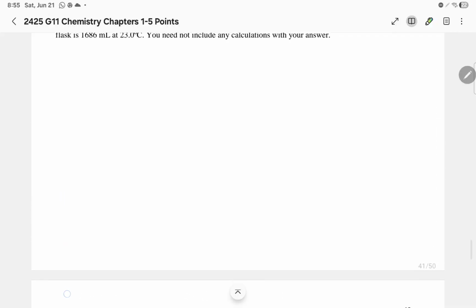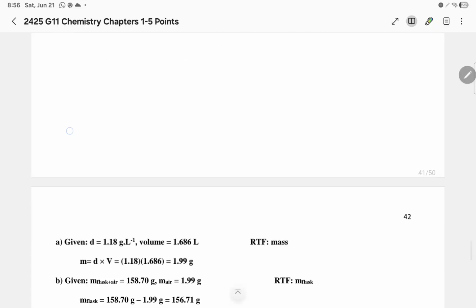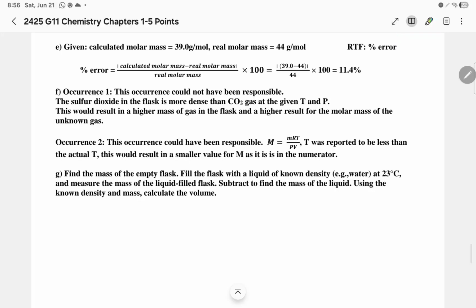So now let's see the last part. Describe the steps in the laboratory the student could use to verify the volume of the rigid flask. You do not need to include any calculations. Okay, yeah, exactly, that's what I was going to say. You'd get water of a known density, or a liquid, I would use water, at 23 degrees Celsius, and then you measure the mass, and then subtract to find the mass of the liquid.